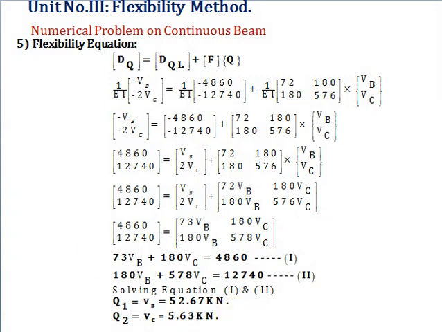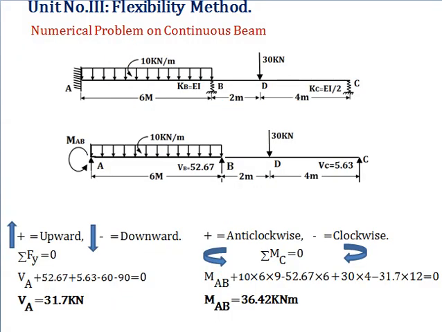Now the next step is to find the other unknowns: the vertical reaction at A, the moment in member AB, and the moment in member BC. To find the vertical reaction at A, we apply the first equilibrium equation, summation Fy equal to 0.